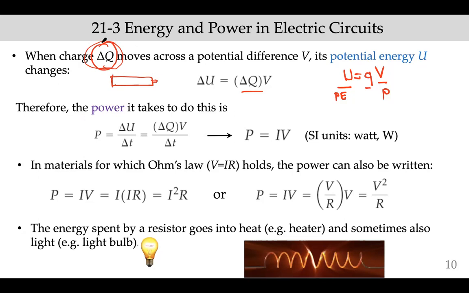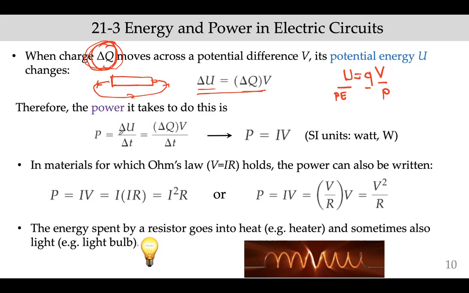Now the question is how much energy, how much power is needed to move the electrons on this wire between the terminals, from the negative to the positive terminal through this wire.